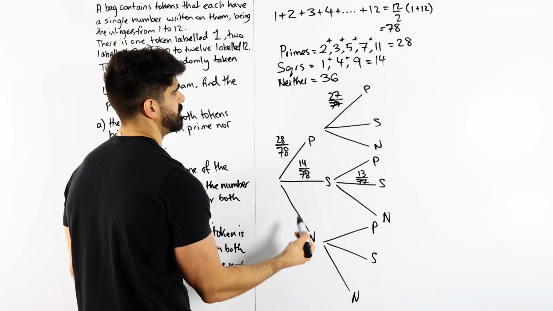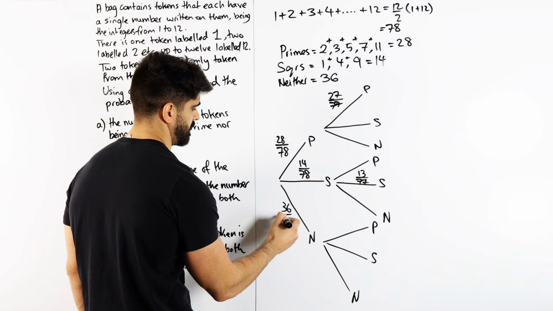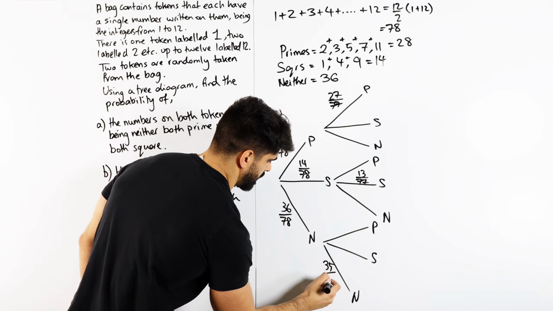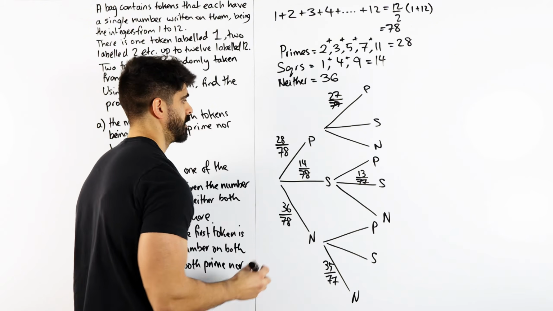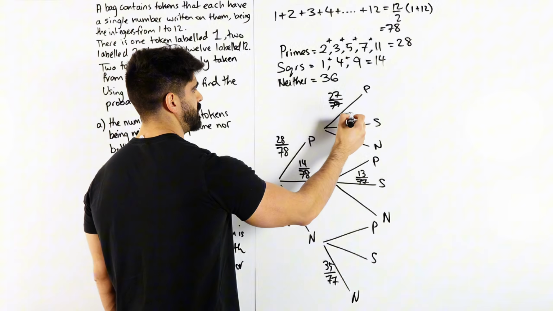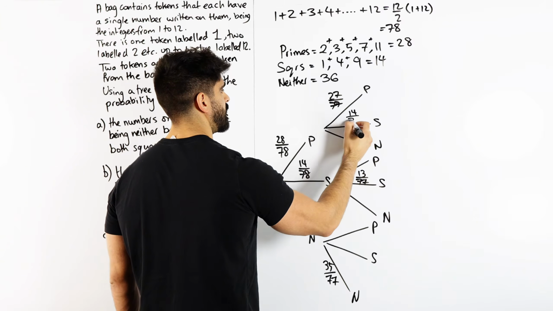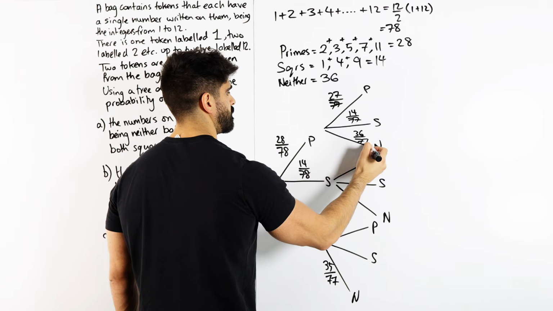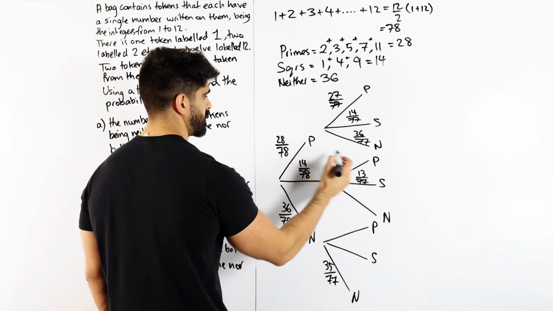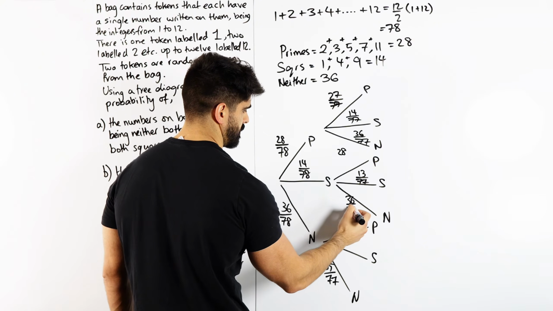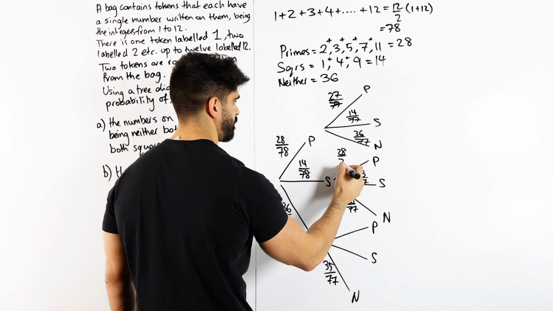If I take a neither, that'll be 36 out of 78. If I take that, I'll then have 35 out of 77. So if I take that prime, there'll still be the 14 squares and the 36 for the neither out of 77. If I take a square, there'll still be the same number of primes, 28, and 36 out of 77.